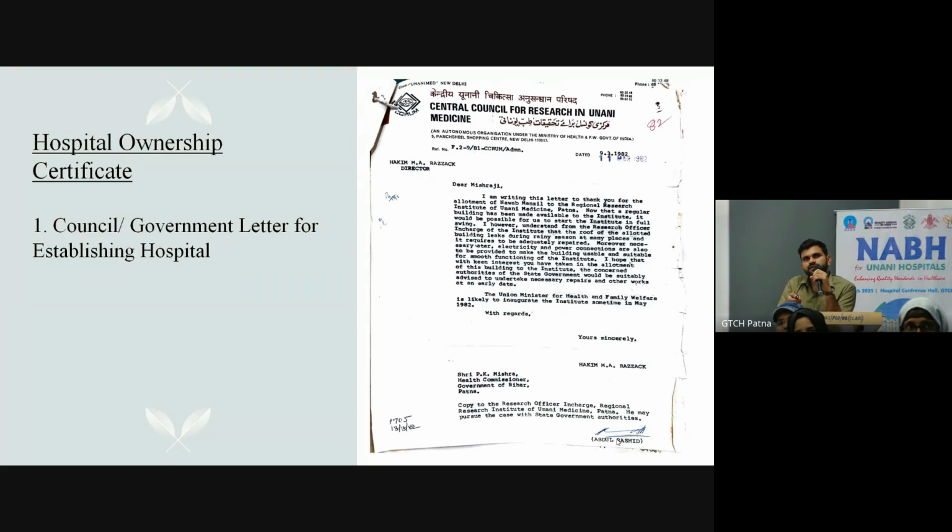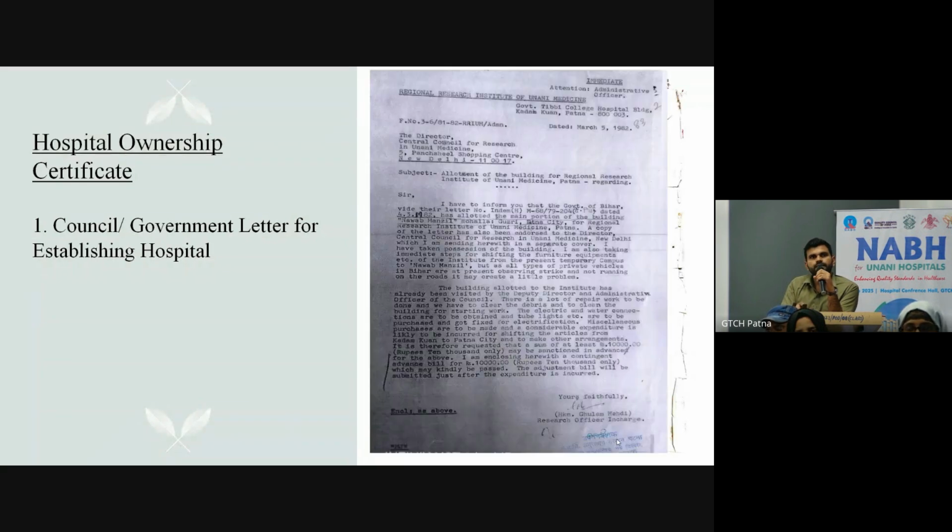They will provide that this is the name of your institute, and this is the place where your institute is located, and now you are free to start the hospital and serve people. This is the certificate from our institute, which is communicated to all the authorities that we have initiated the hospital and now we are working.